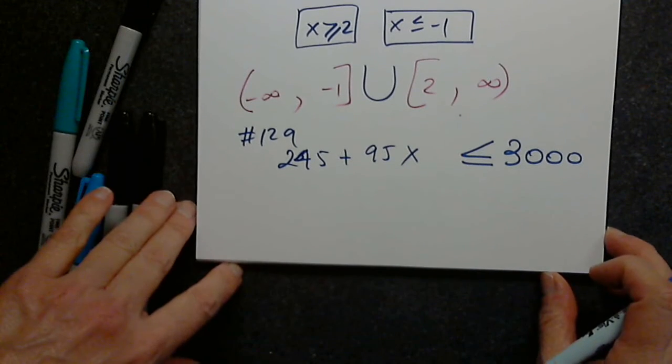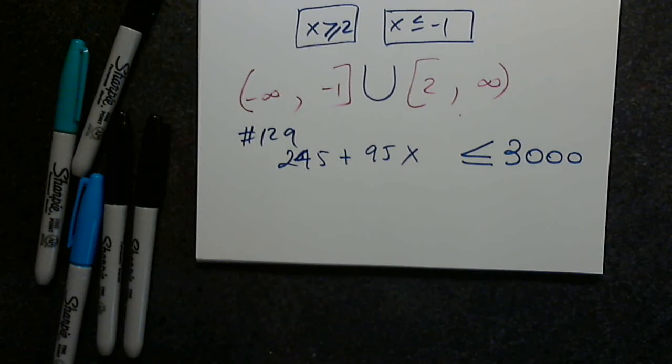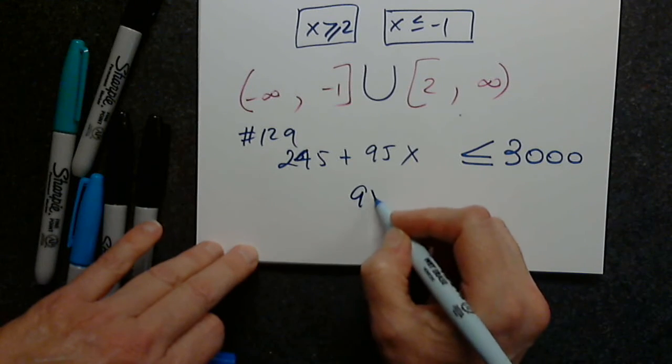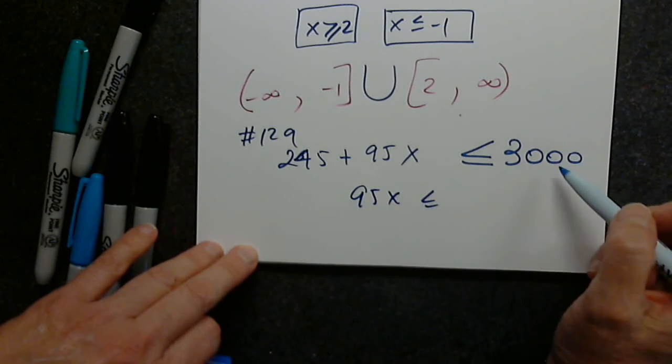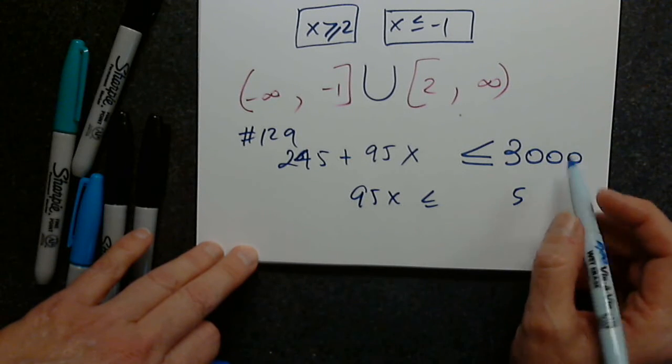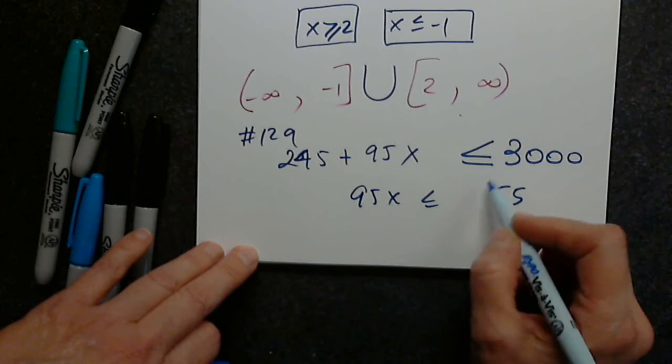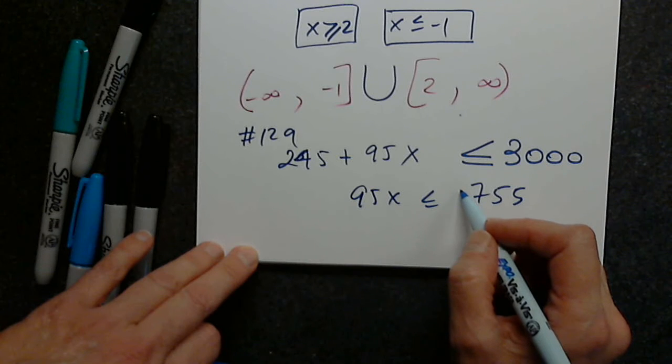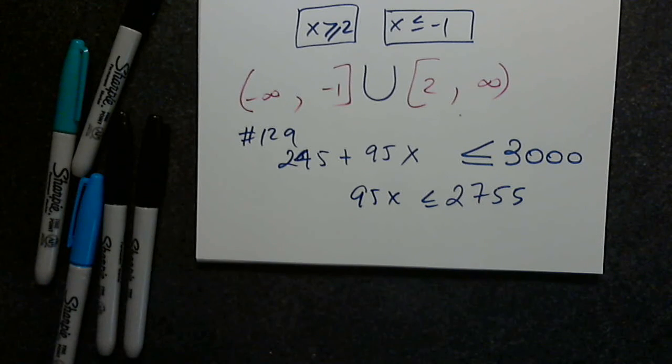Okay, so what do we do first? Very good. So 95x less than or equal to 2755. 5 from 0 is 5, 4 from 9 is 5, 2 from 9 is 7, and I think I have 2. Correct me if I'm wrong, please. Let me know if you got the same thing.